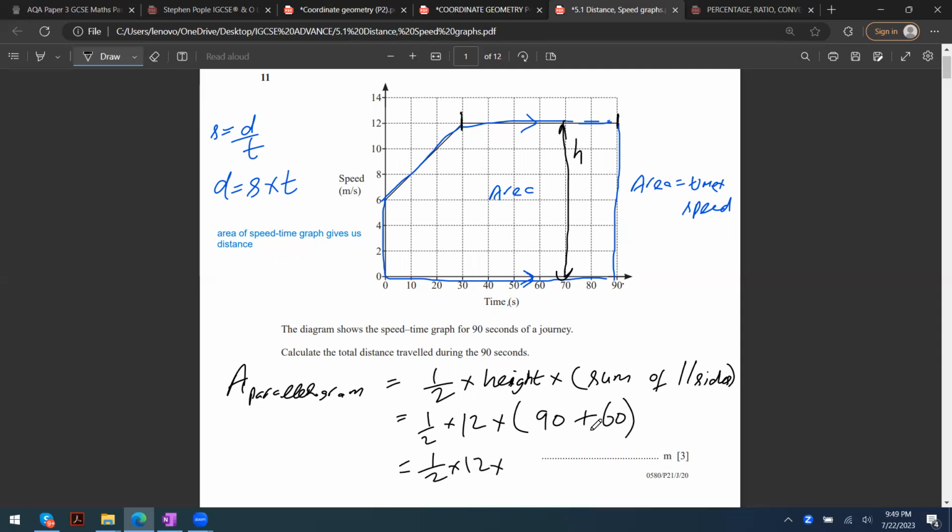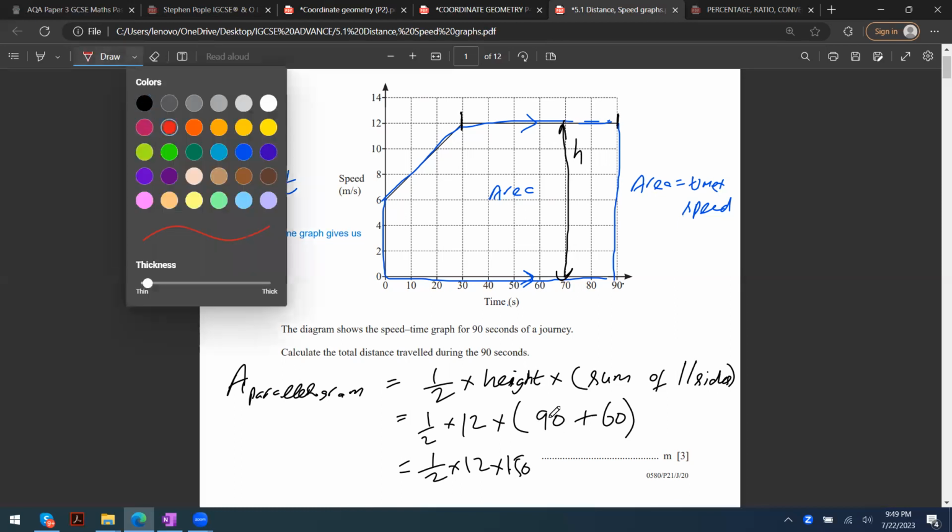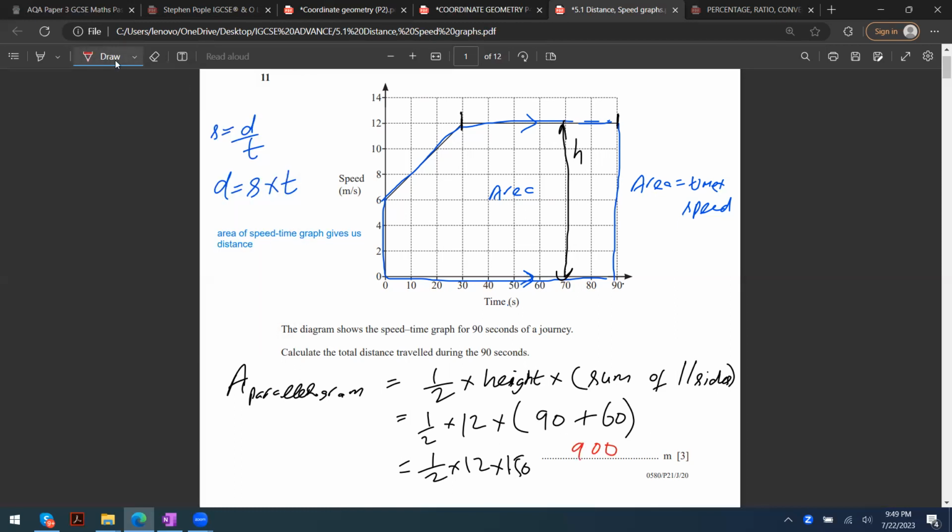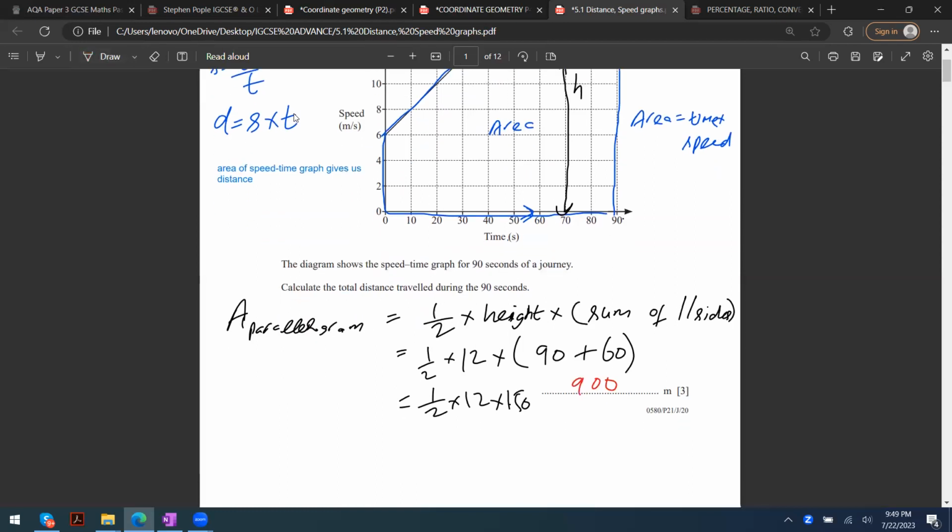So what is 90 plus 60? 150. Answer is 900 meters. If anyone has any question, please tell me.